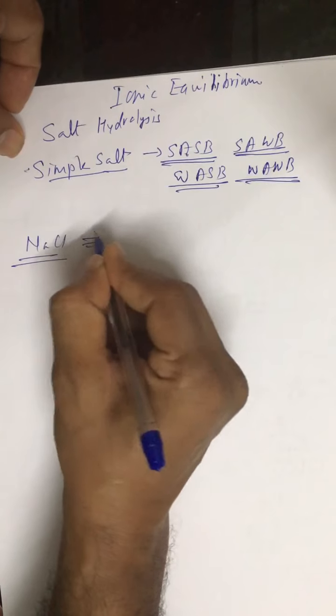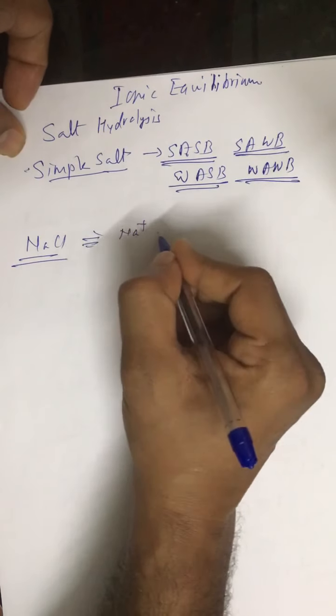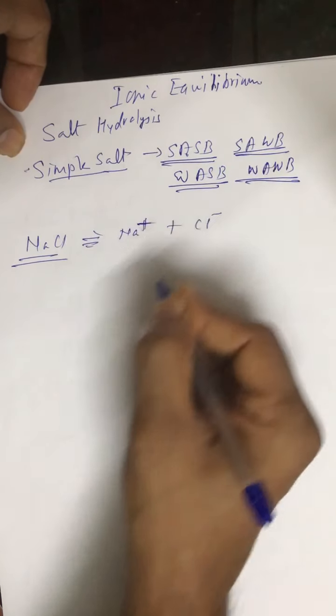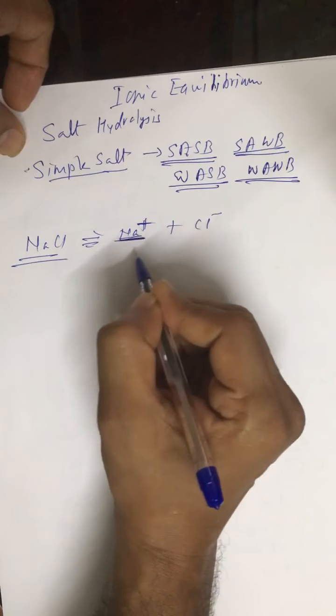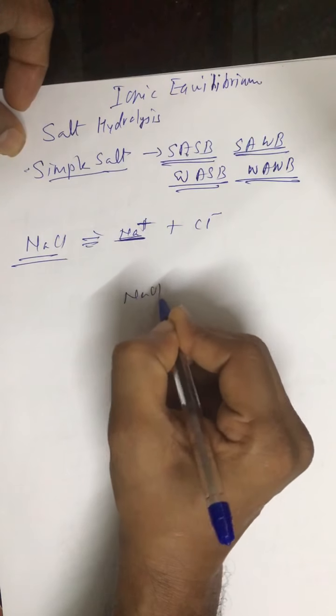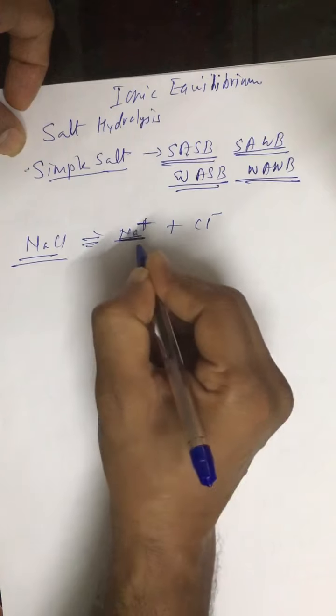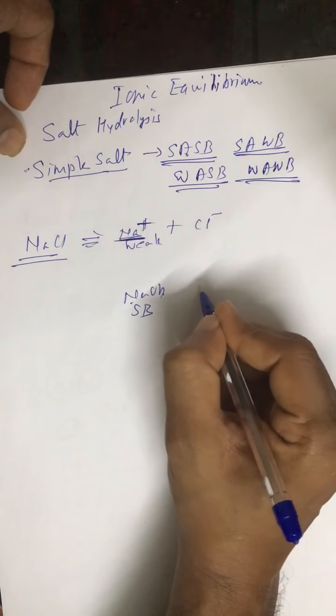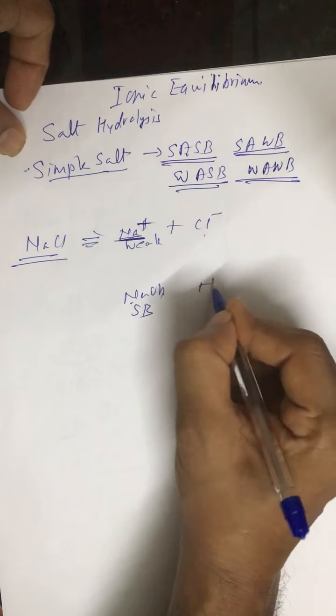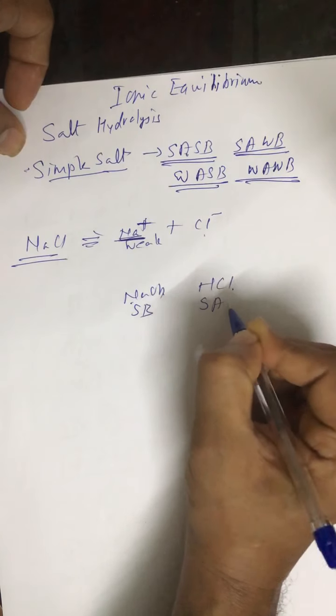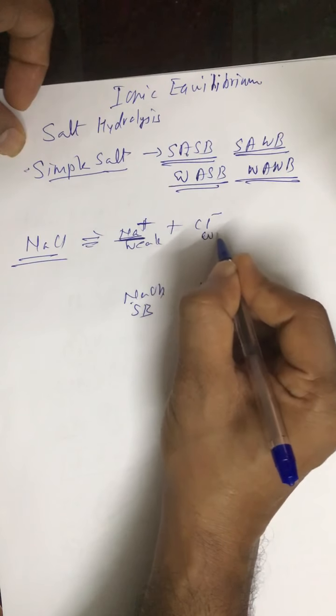When dissolved in water, they produce Na positive and Cl negative. Now Na positive comes from NaOH, which is a strong base, so obviously the conjugate part is weak, and Cl negative comes from HCl, which is a strong acid, so its conjugate part is weak.